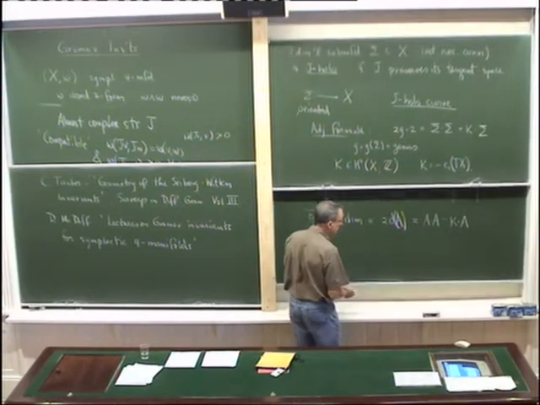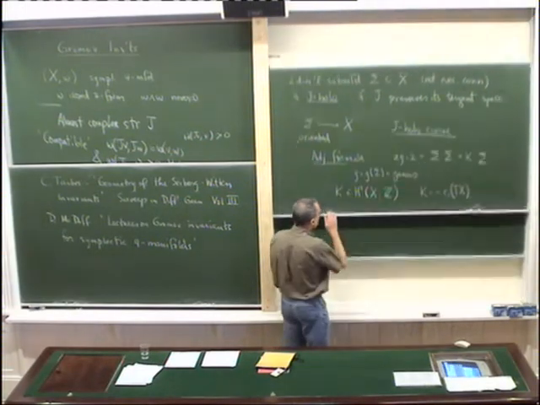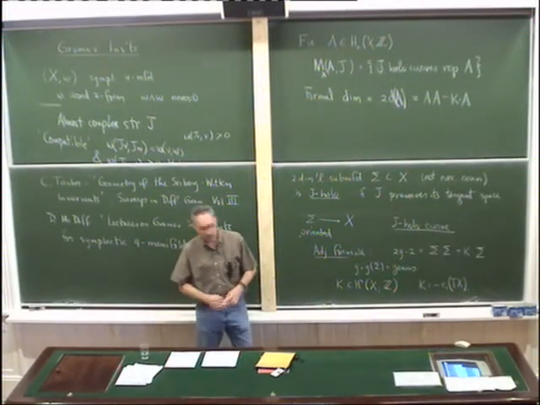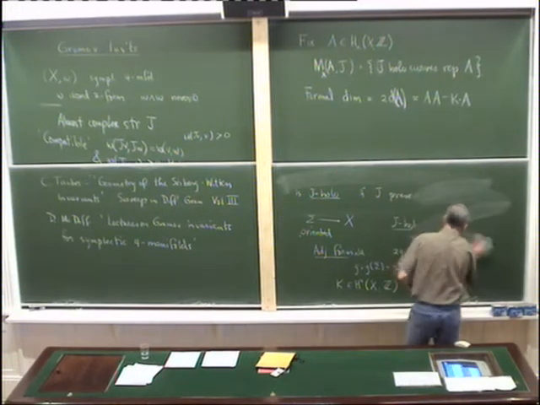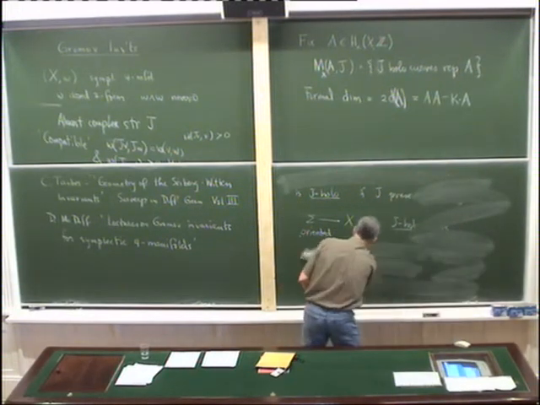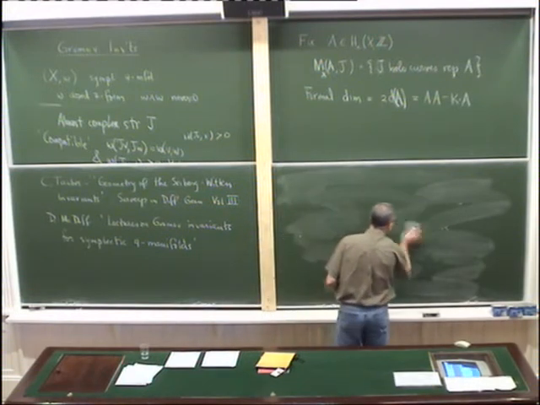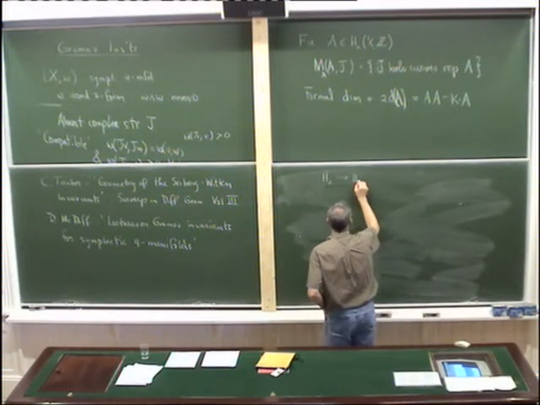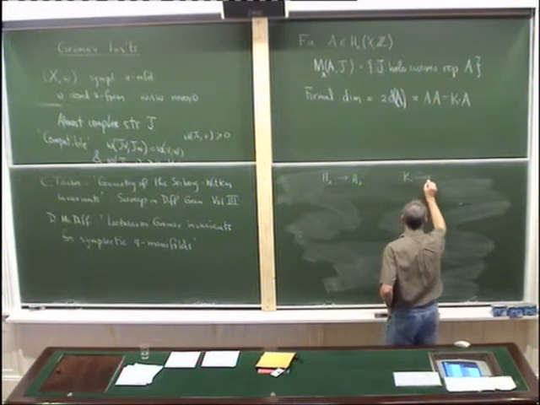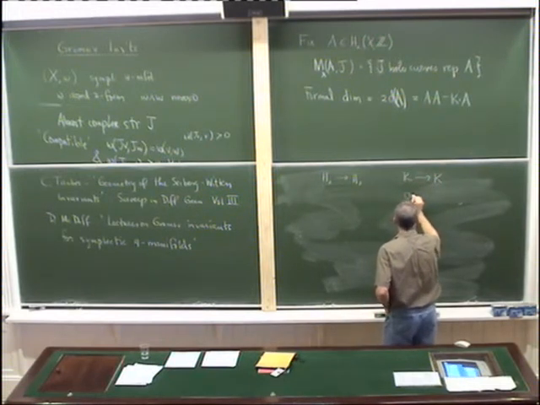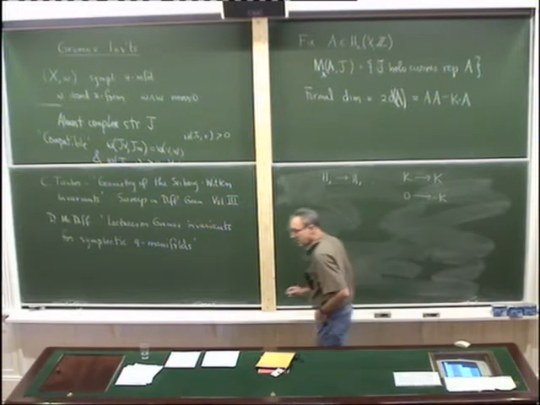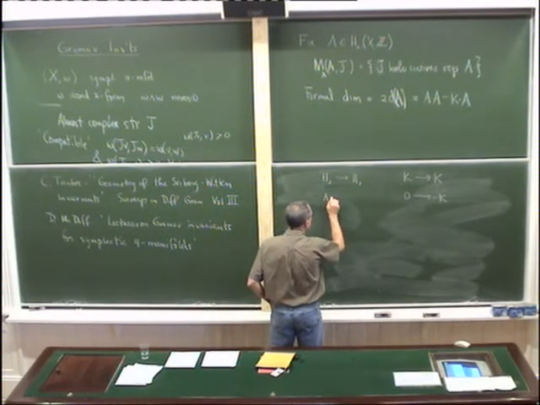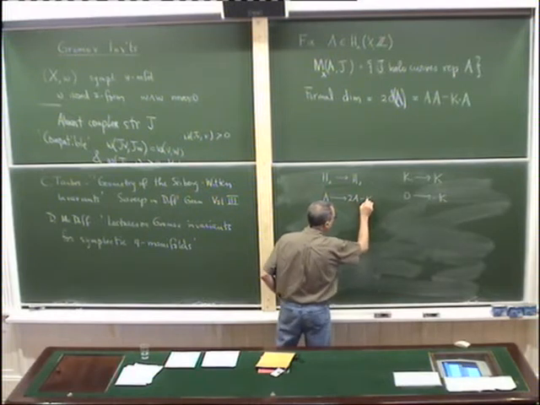And zero is somehow trivially a holomorphic curve. So I want to look at a linear function from H2 to H2 that takes K to K and 0 to minus K. And so this is the function A goes to 2A minus K. Okay?